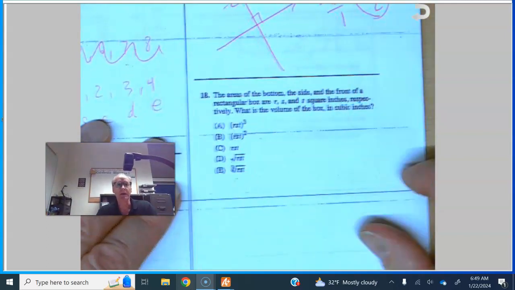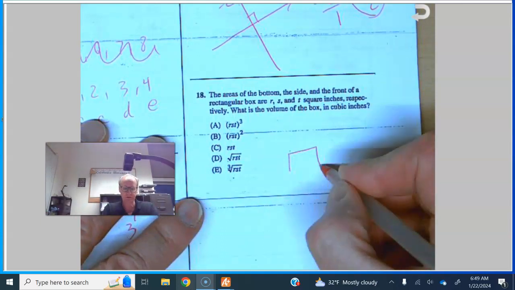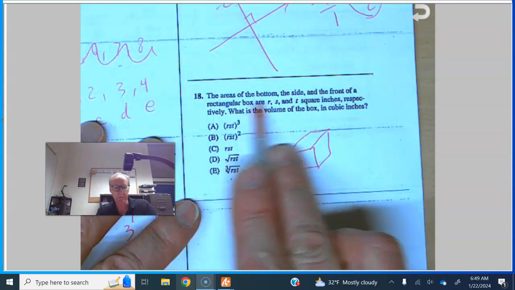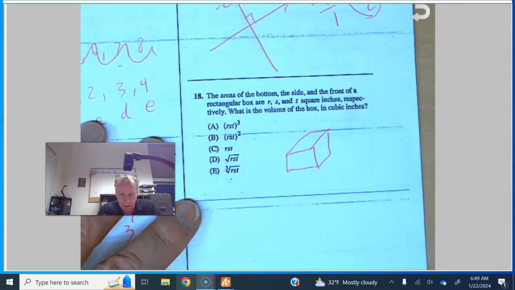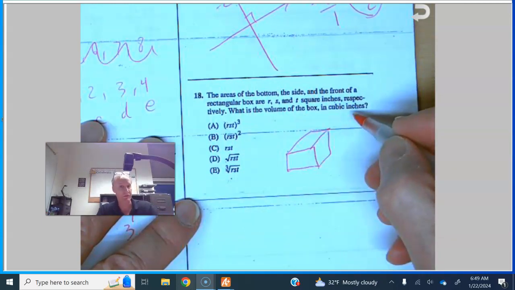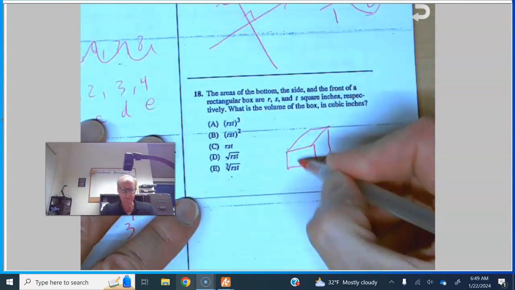All right, the areas in the bottom, side, and front of a rectangular box. Got a rectangular box here. The areas are R, S, and T square inches. What is the volume of the box? Interesting. Okay, so this is R squared.